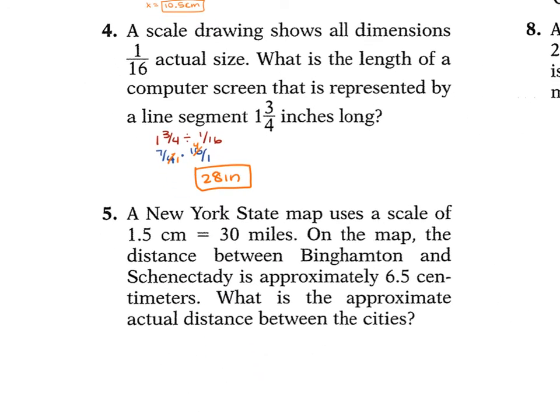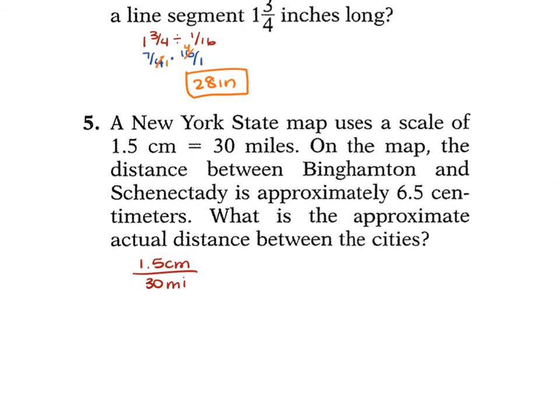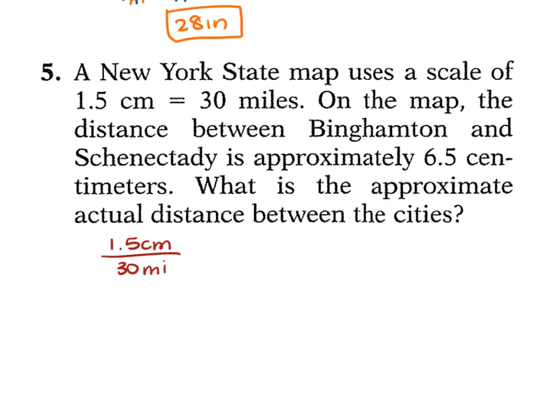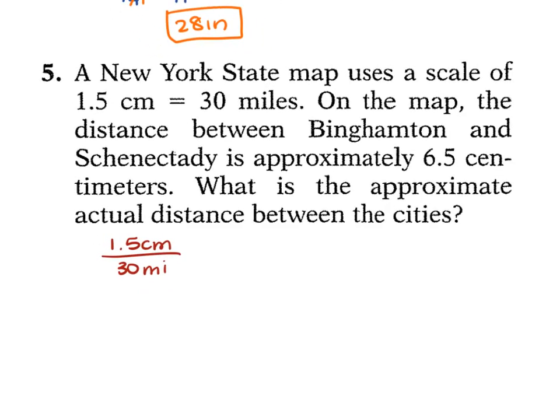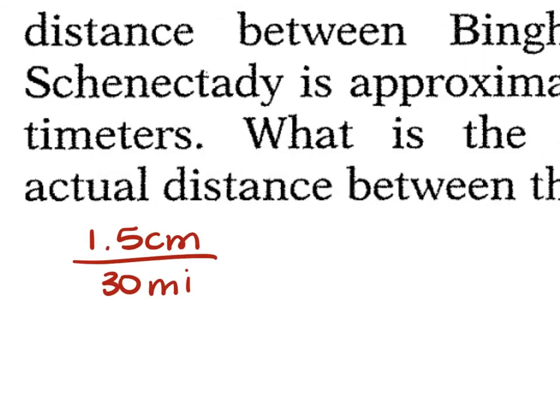5 says a New York State map uses a scale of 1.5 centimeters equals 30 miles. So that's going to be 1.5 centimeters over 30 miles. On the map, the distance between two cities is approximately 6.5 centimeters. What is the approximate actual distance between the cities? So we are dealing with centimeters, so that's going to go on top.